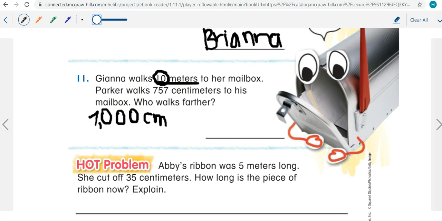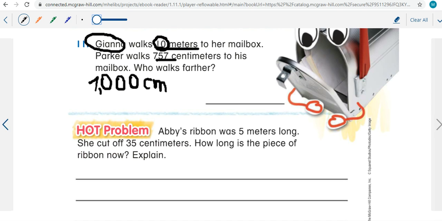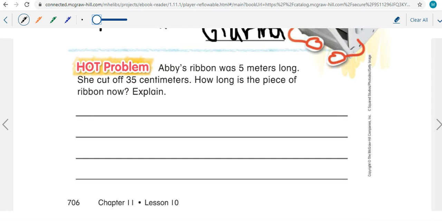Now, which is more, 1,000 or 757? 1,000 is more, so Gianna walks more to the mailbox. So the answer is Gianna. Okay. Now, hot problem. Remember, Miss Madeline always tells you the answer.